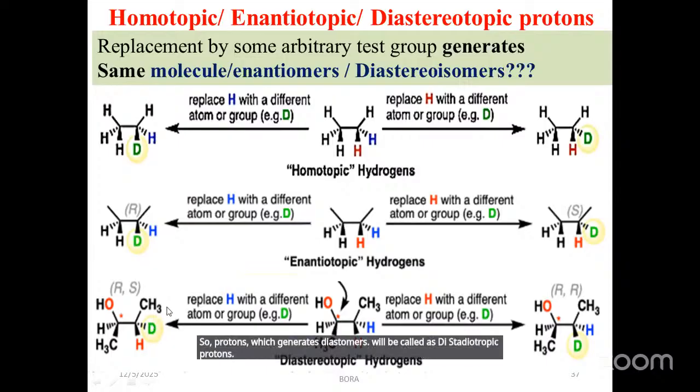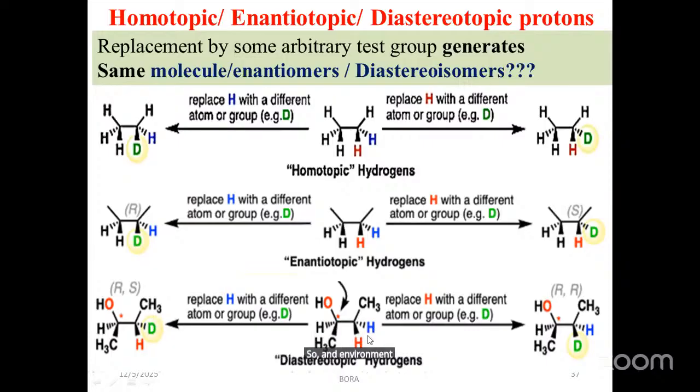So the environment of this hydrogen and this hydrogen, when you have a chiral center around it, is not the same. They are different, and therefore we can distinguish between these two protons by using PMR. How are they different? The dihedral angle will be different now. See this hydrogen, for example, in this molecule itself, you take this hydrogen and this hydrogen, which are alpha with respect to each other, they are syn.